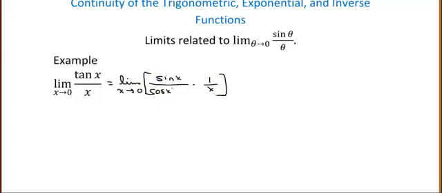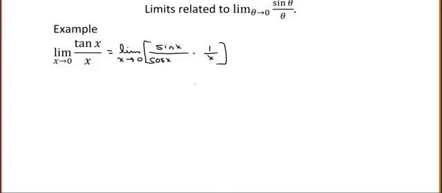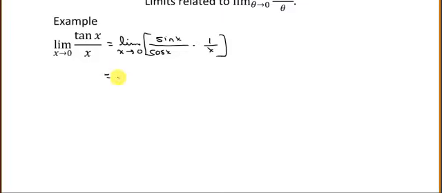And this we could rewrite as the limit as x approaches 0 of 1 over cosine of x times sine of x over x.